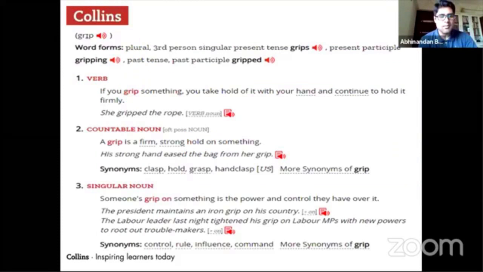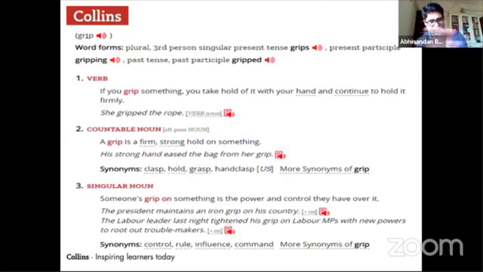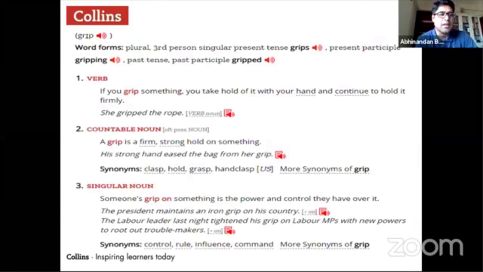So as you observe in my next slide, I have just taken a small snippet of the entire page that talks about the meaning of the word gripped. It's a verb. If you grip something, you take hold of it with your hand and continue to hold it firmly.